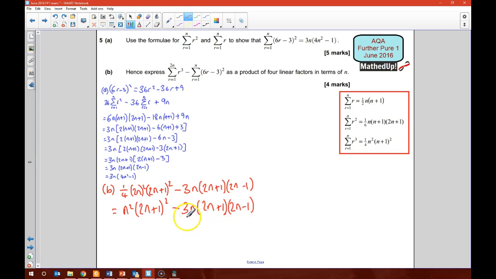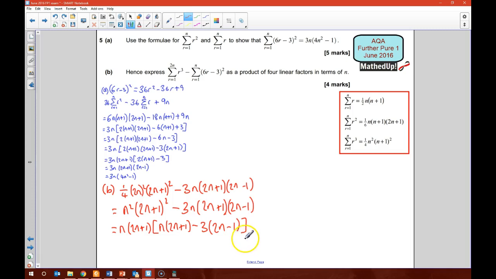Okay, and I can see that n is a common factor for both of these, and 2n plus 1 is a common factor for both of these. So that's going to be equal to n times 2n plus 1, which I can take out as a factor. And then inside my brackets, I'm going to still have an n times a 2n plus 1, and I'm going to have a subtract 3 times 2n minus 1.